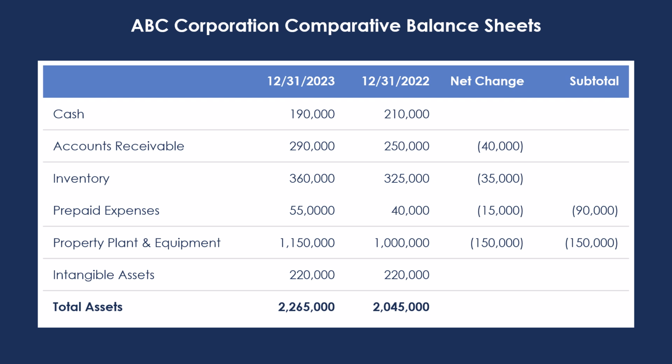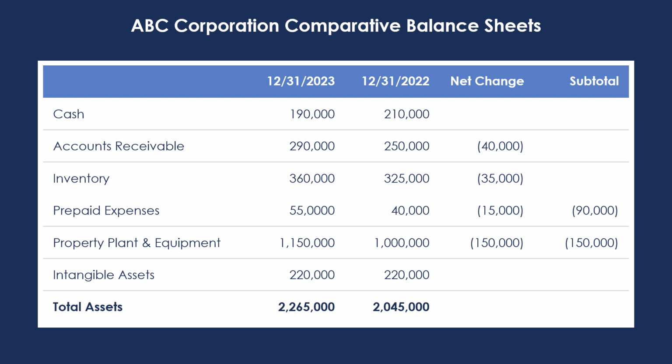Accounts receivable have gone up year over year by $40,000, from $250,000 in year 2022 to $290,000 in 2023. We show the change, an increase in accounts receivable of $40,000 as a net decrease in cash, because an increase in accounts receivable means we did not collect on $40,000 worth of accounts receivable that we billed.